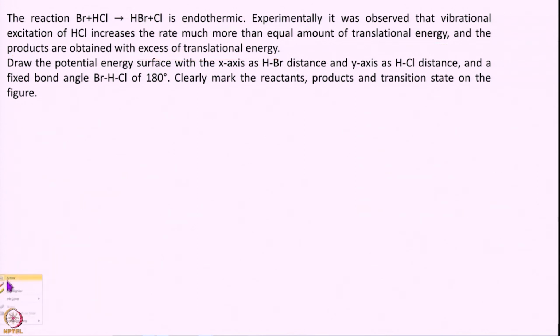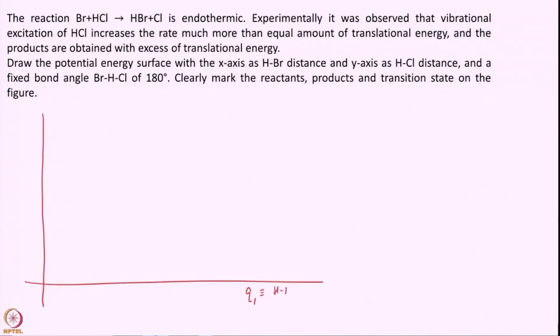So, let us actually draw the energy surface with all this information now with me. HBr distance here, that is what the question has asked me to do, and Q2 is equivalent to HCl distance. Now, where is my reactant on this? We analyzed that Q1 must be large and Q2 must be small, so my reactant is somewhere here.